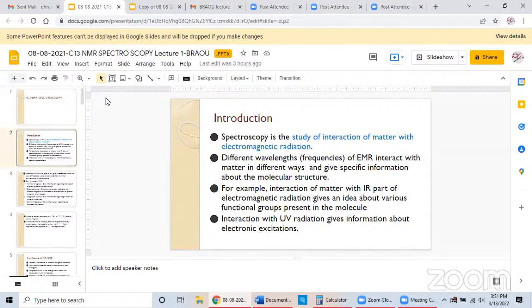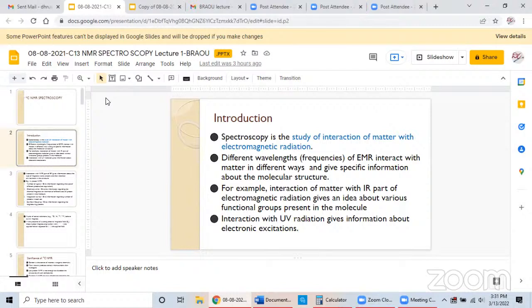Because hydrogen also is there in organic molecules, you may think proton NMR spectroscopy is enough for structural elucidation. But all the time proton NMR will not give you the required information about the molecular structure. Why? Because there are many natural products which contain more carbons than hydrogens.